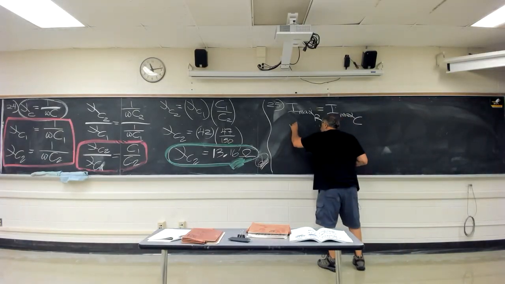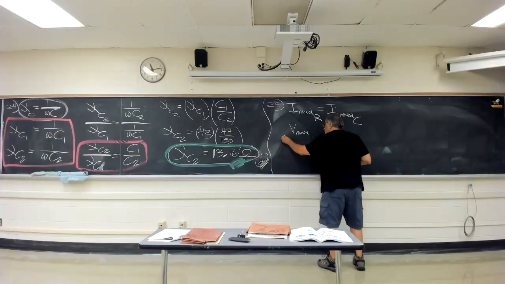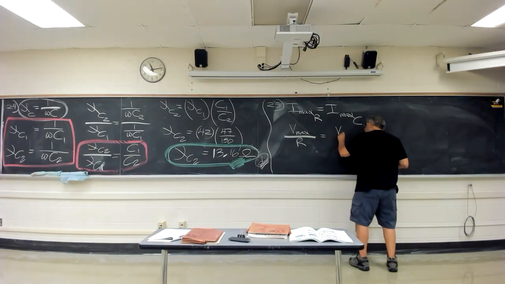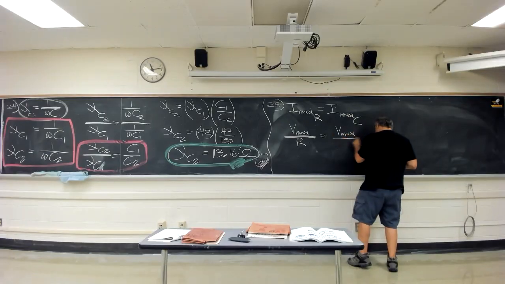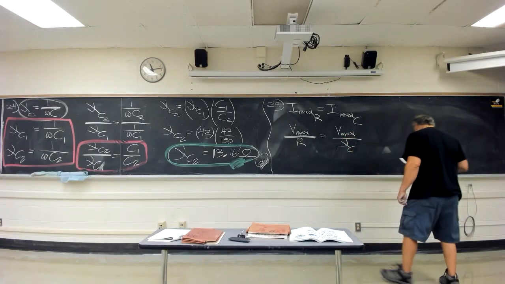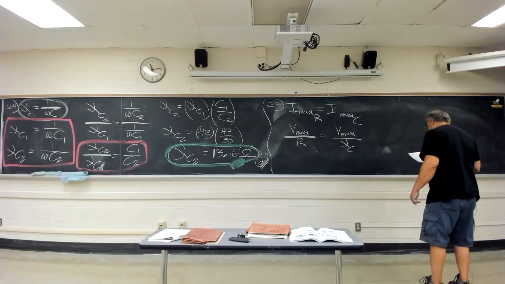Well, that means that's going to happen at a particular Vmax whenever it does happen. Vmax divided by R is current. And Vmax divided by X sub C is going to be current. Makes sense to me.